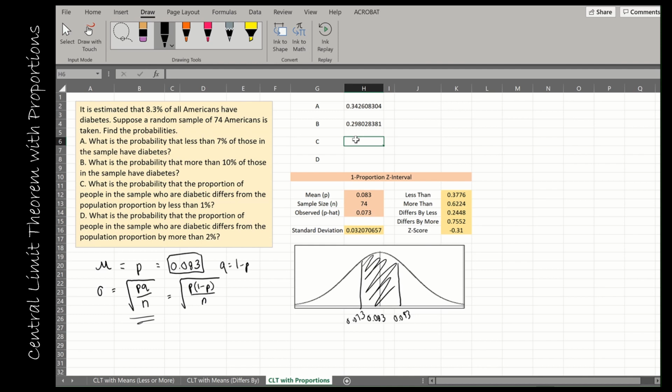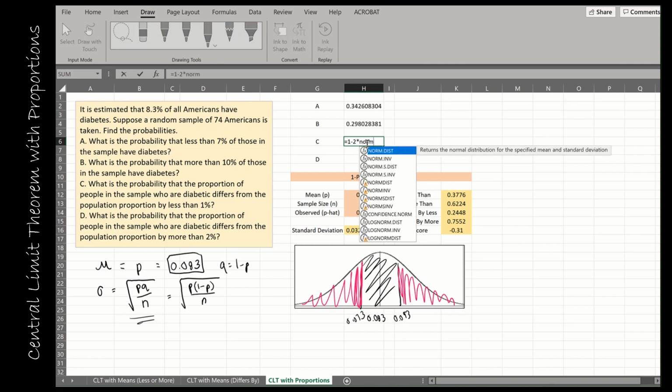Again, if I'm looking for the probability that the proportion differs by less than some number, remember I'm going to take 0.073 and then find this area and then I'm going to multiply it by 2, and then I have to subtract that from 1 to get the area in the middle. So I'm going to take equals 1 minus 2 times norm dist.